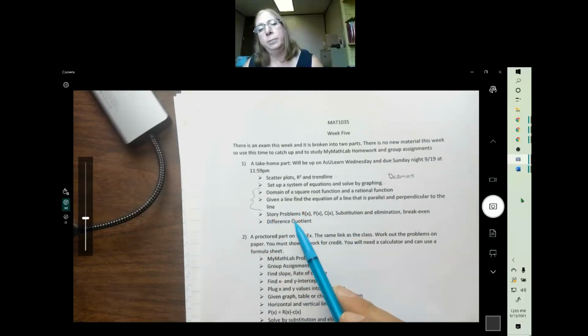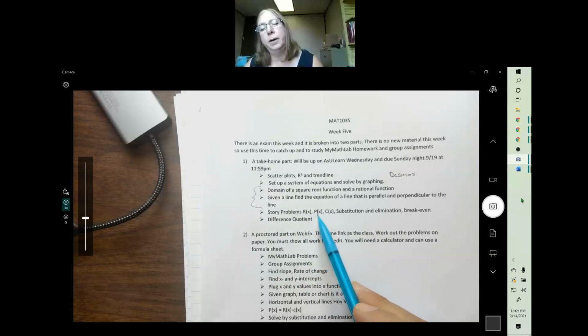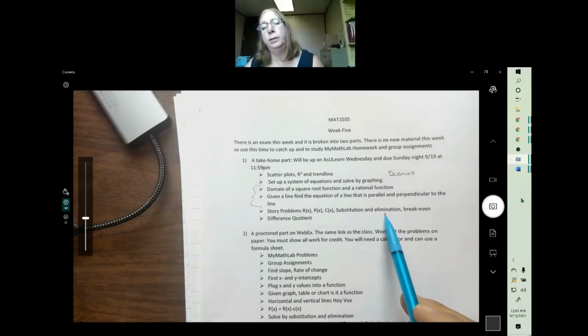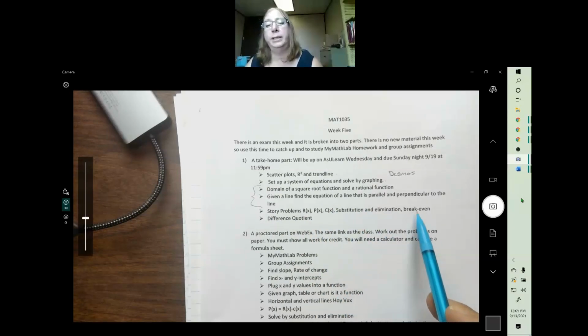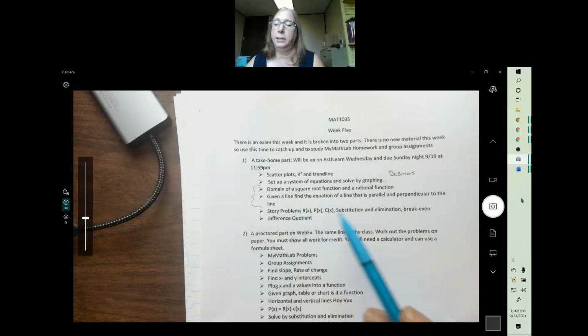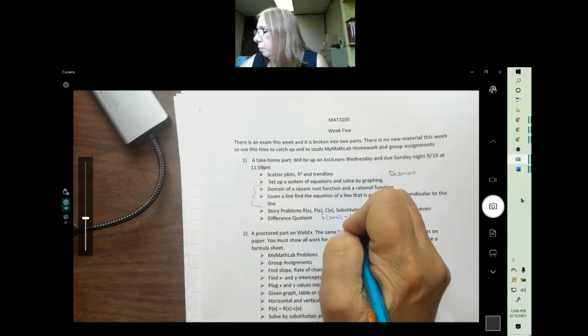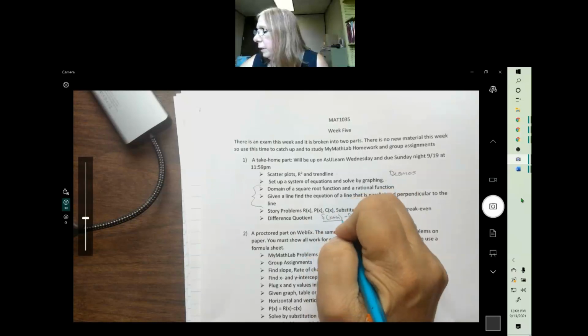There'll probably be a story problem with rate, profit, and cost using either substitution or elimination. Find the break-even quantity. So there'll be one of those, at least one. And then the difference quotient. That was the one we did, f of x plus h minus f of x over h.